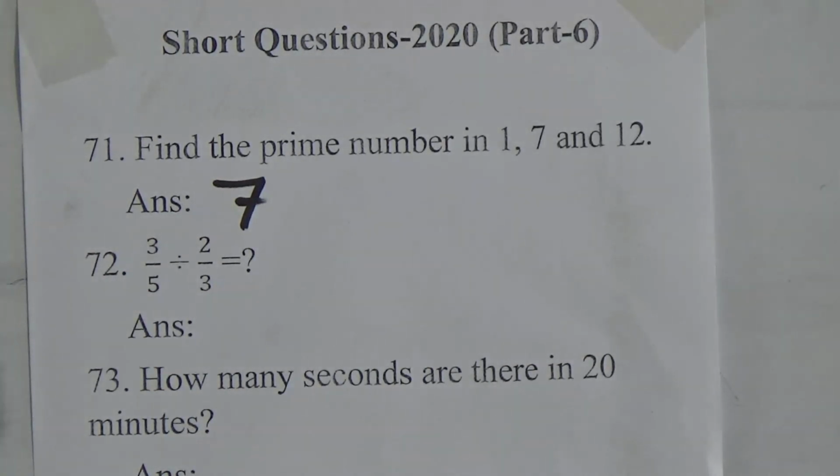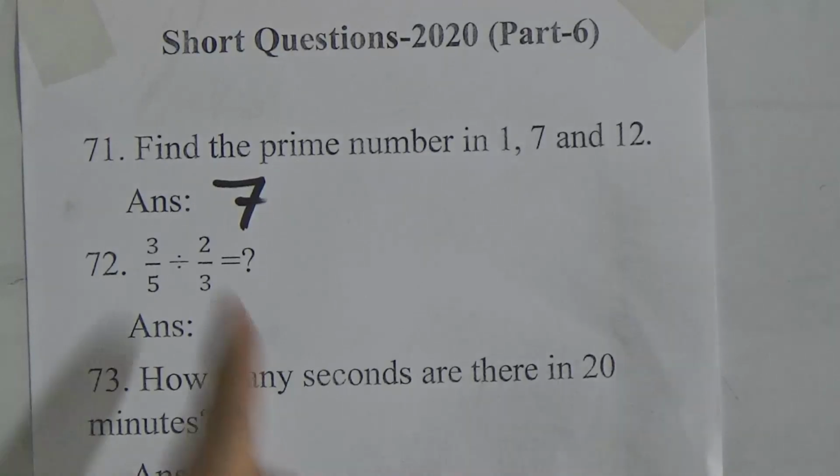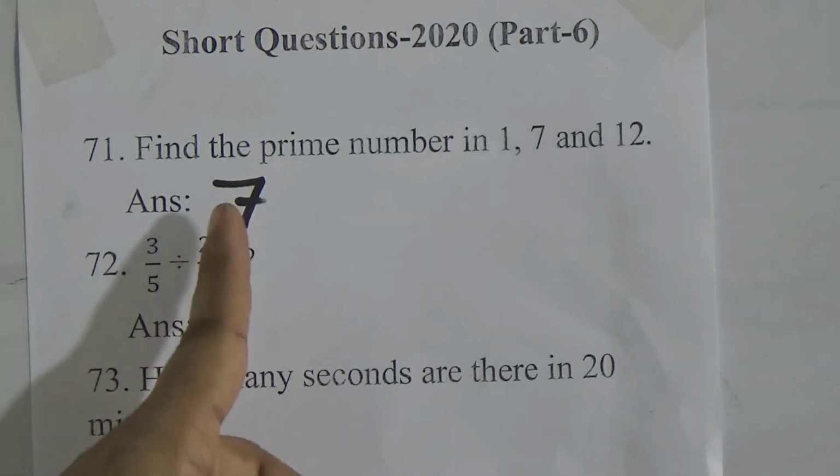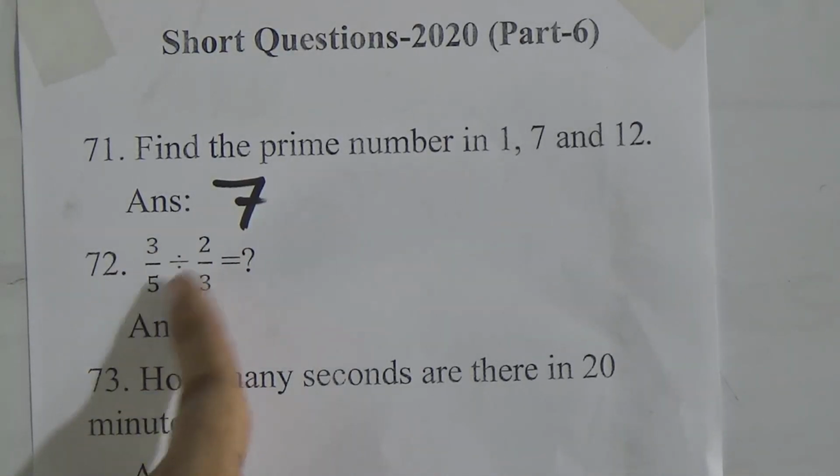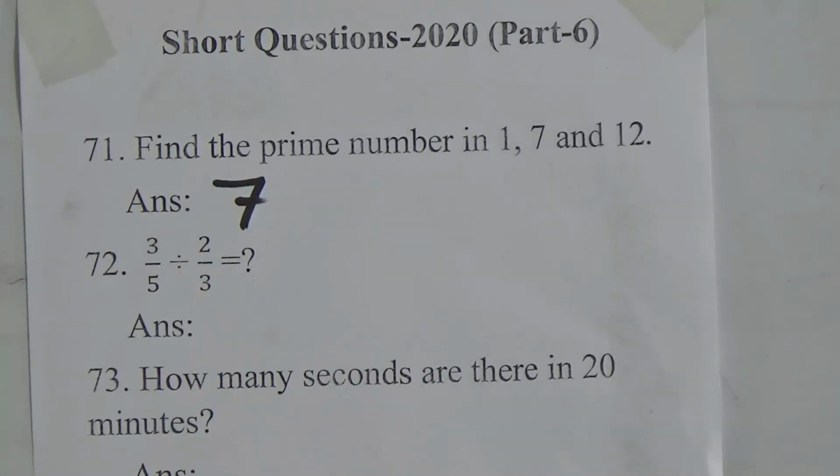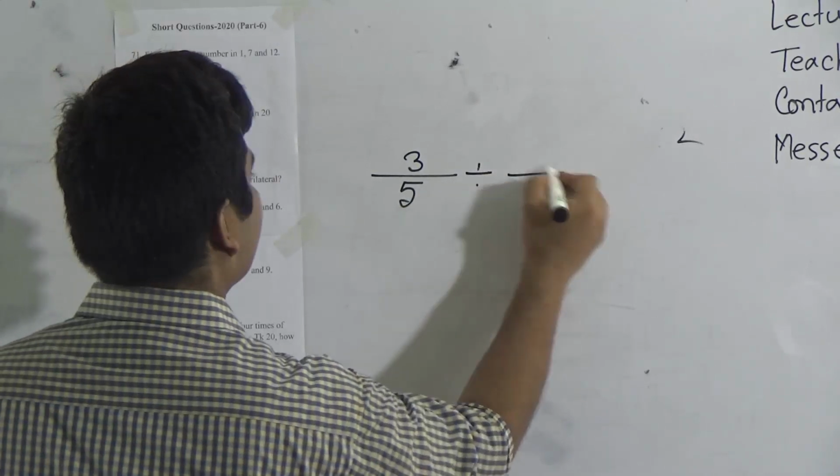My dear students, next we shall solve question number 72. At first we read the question. Notice, 3 by 5 divided by 2 by 3. We divide these two fractions. At first I write these two fractions, 3 by 5 divided by 2 by 3.